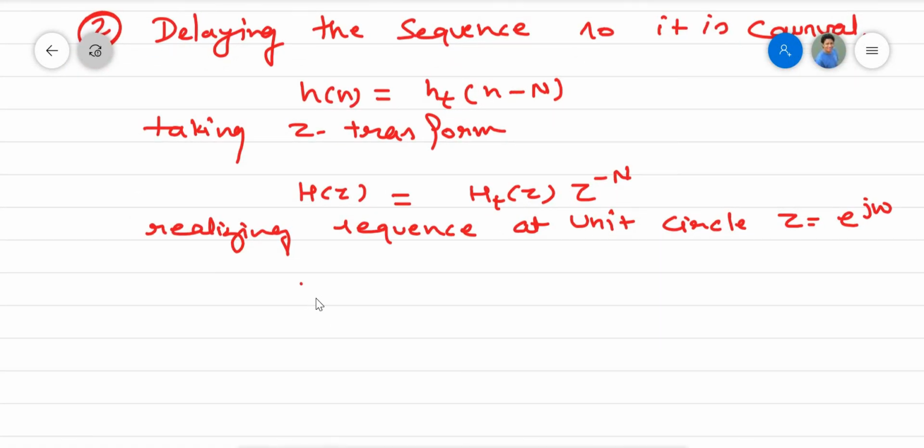So H(omega) will be equal to H_t(omega) e to the power minus j omega N.